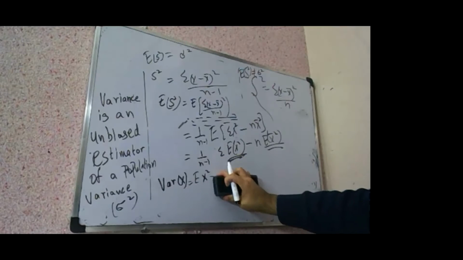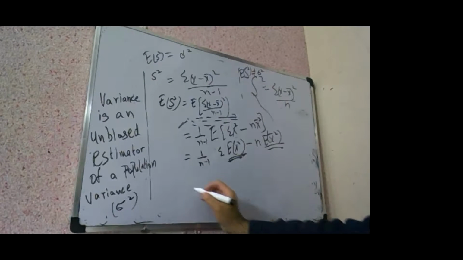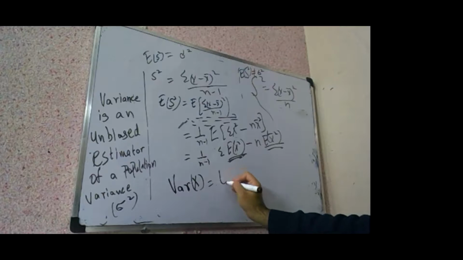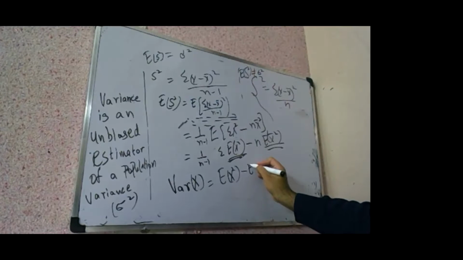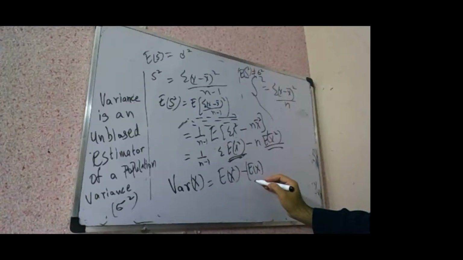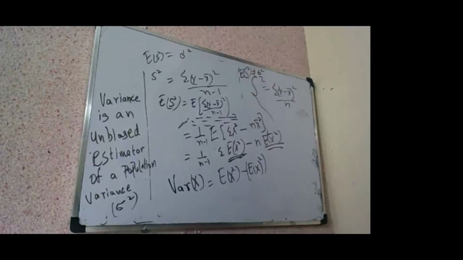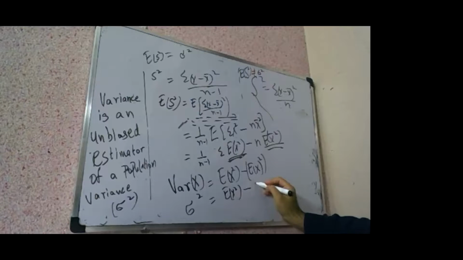I repeat. Variance of x, right, this one, so I can write here sigma square minus mu.